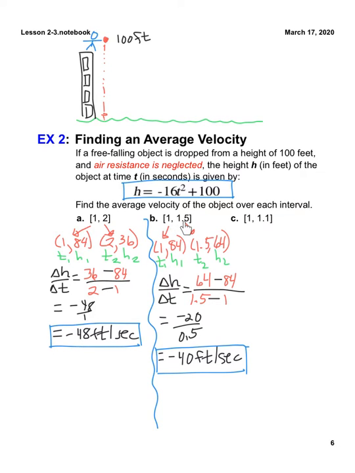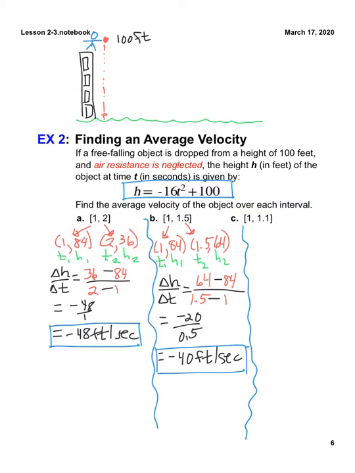But from 1 second to 1.5 seconds, less time, we didn't have as much velocity, because remember that gravity is going to pull on that object and create the velocity to go faster. All right, so you should be thinking to yourself, what do I expect for this next one? Since it's the smallest interval of time possible, I expect that my answer is going to be less than negative 40. So here we go.